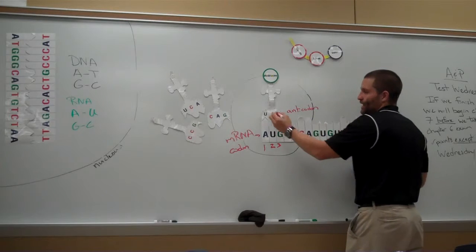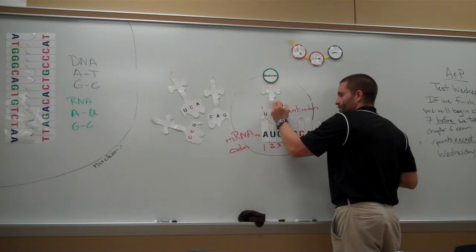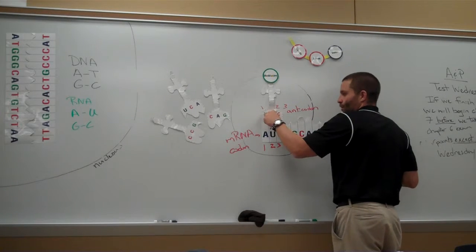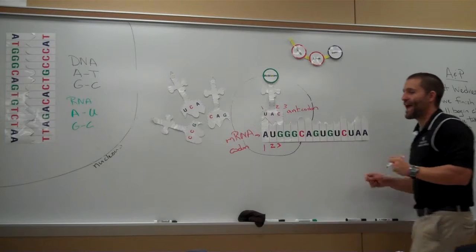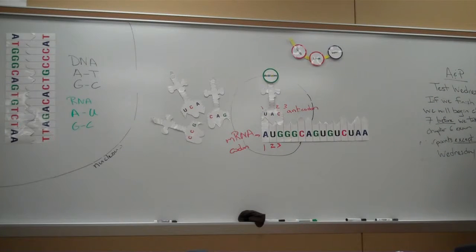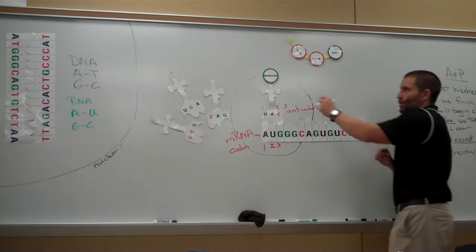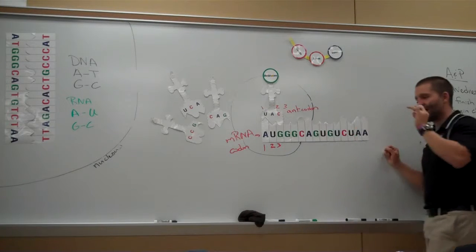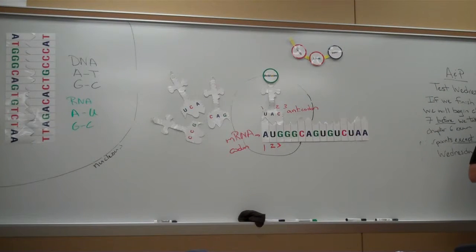So the anticodon is going to be this. 1, 2, 3. 1, 2, 3. So for every 3 bases, it's going to code for 1 amino acid. That is what that means.